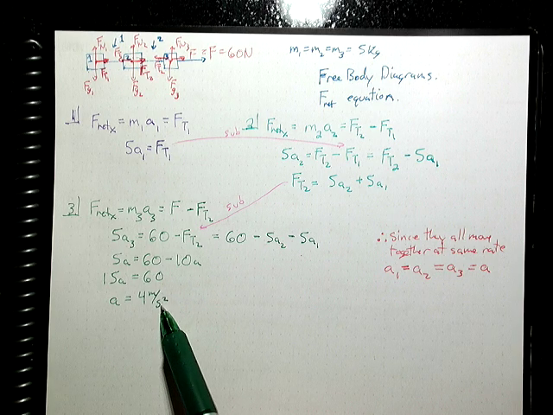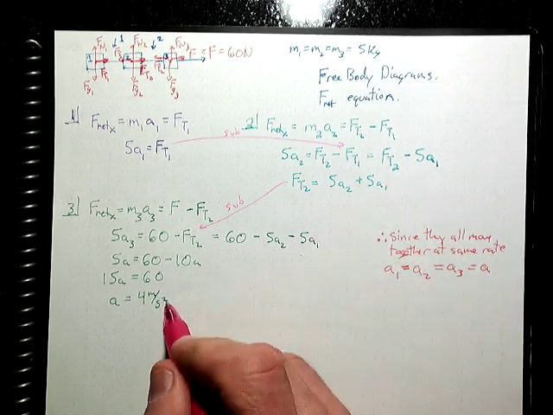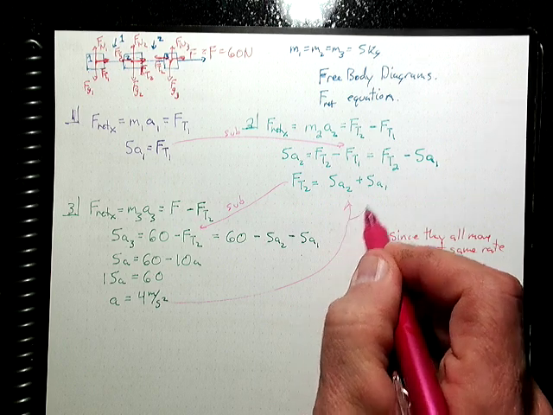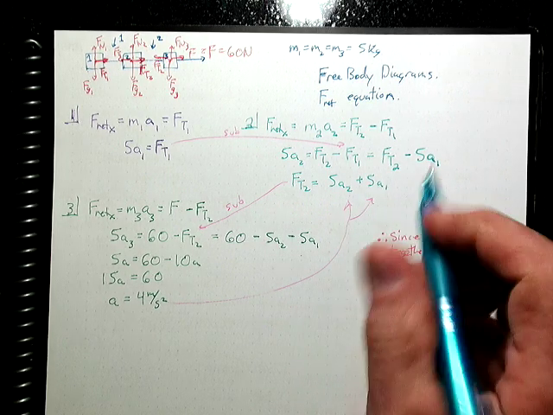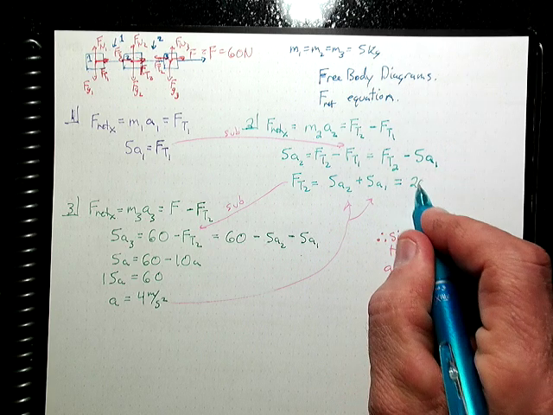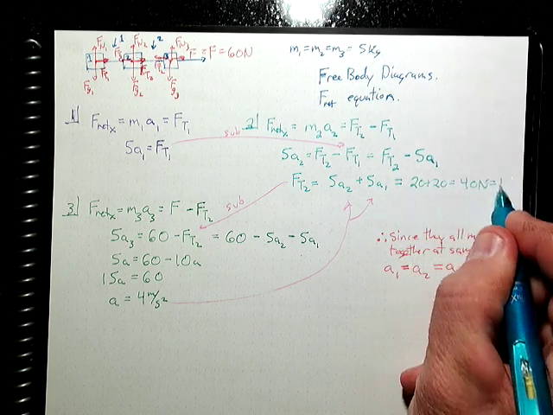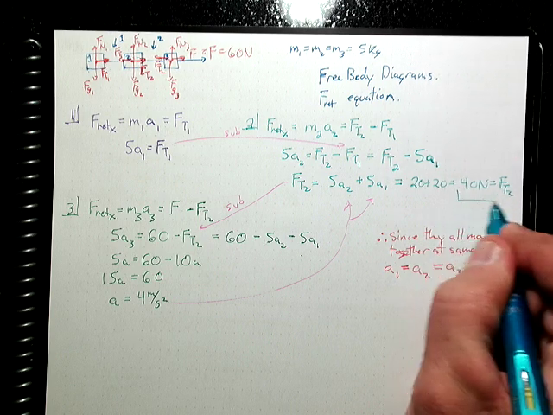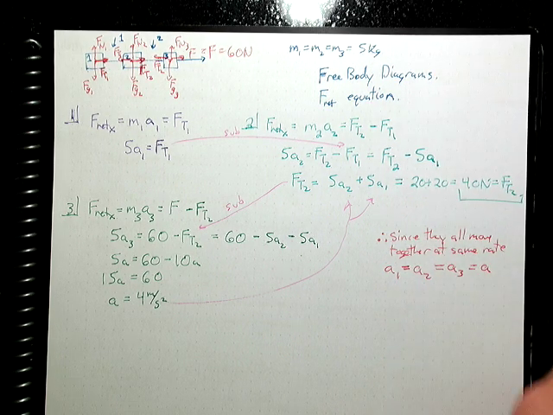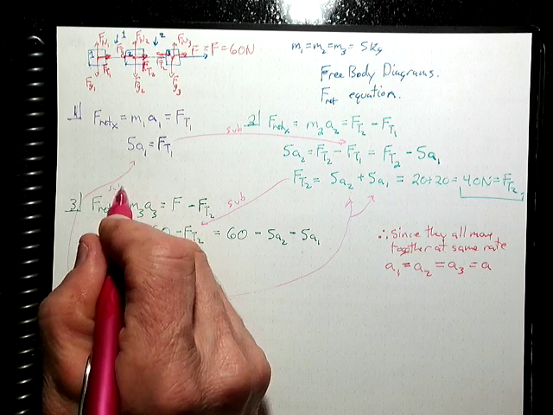So now I can take this acceleration and substitute it back into here. And I get 20 plus 20 equals 40 newtons equals FT2. And I can take this same a and substitute it into there.